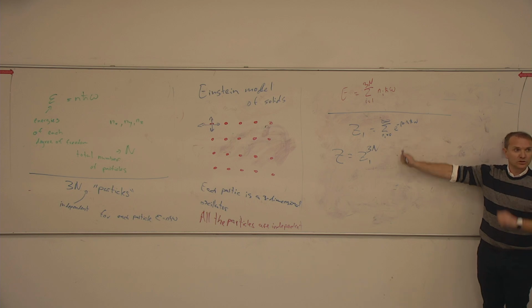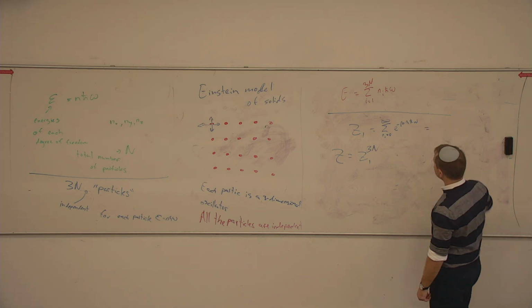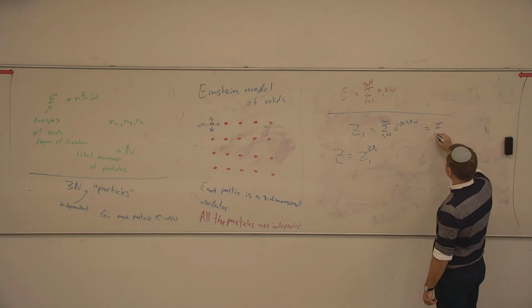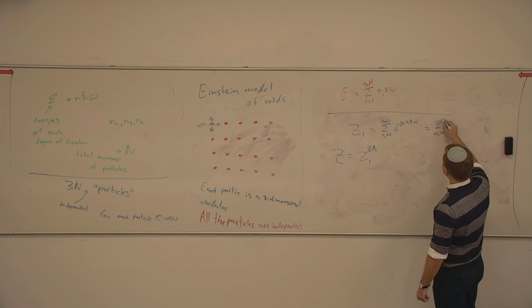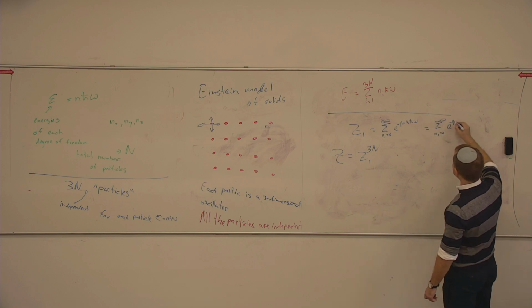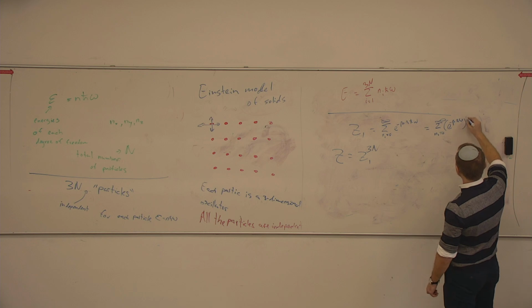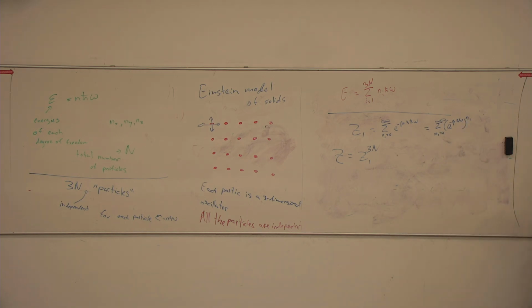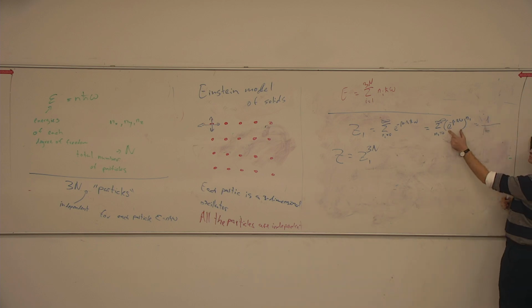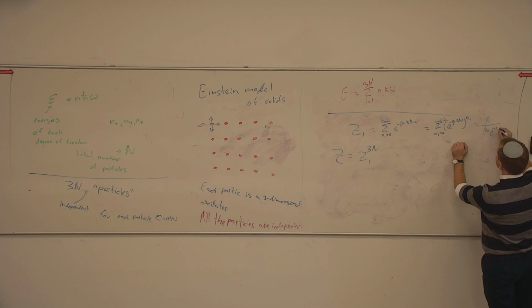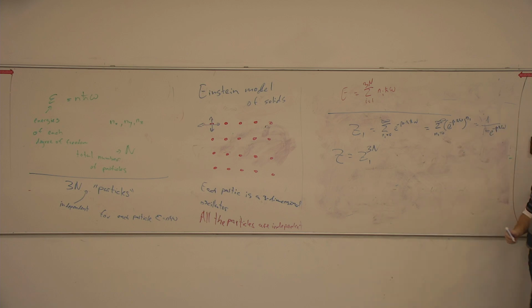This is a geometric sum. So we have the sum over n1 from 0 to infinity of e to the power minus beta h bar omega, to the power of n1. And this equals, the first term is n1 equals 0, so the first term in the sum is 1, divided by 1 minus whatever we are multiplying, which is e to the power minus beta h bar omega.